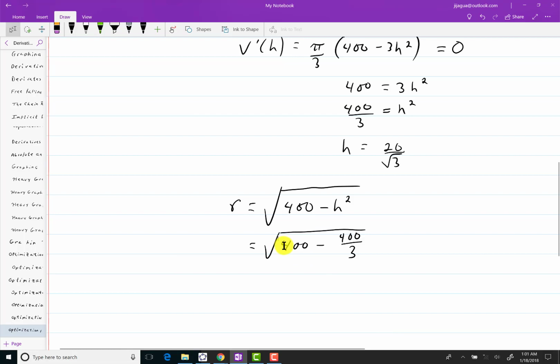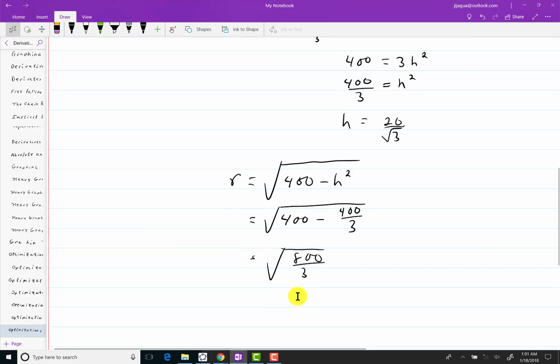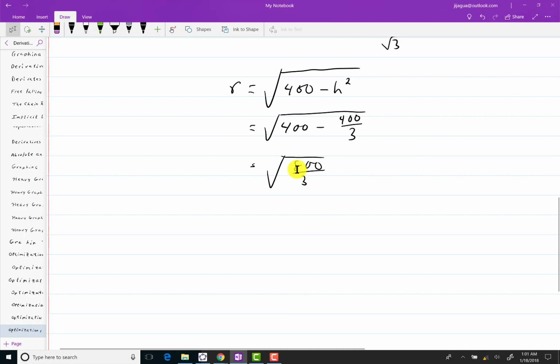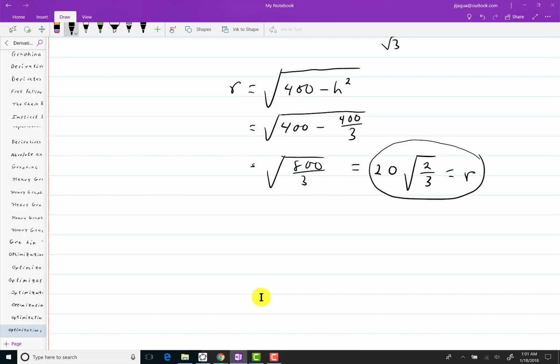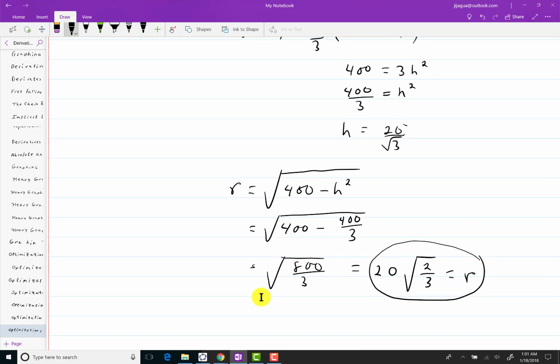If I think of this as 1200 over 3, this will be the square root of 800 over 3. I'll take a 400 out front, and when you take the square root of 400, it's 20. So I'll have 20 times the square root of 2/3. That's r, and that's h. So I told you it wasn't that hard of a problem. Pretty simple.